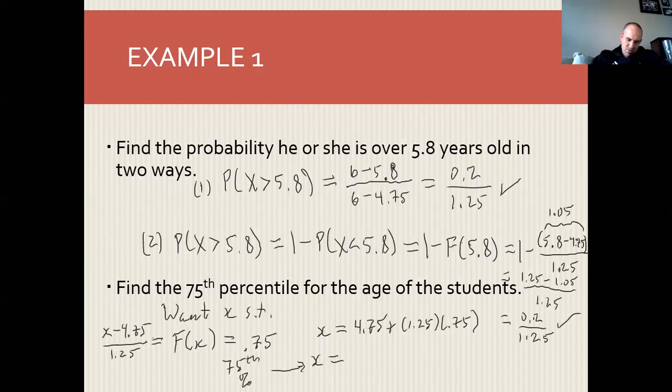So what is this X? Let's calculate it. It's 4.75 plus 1.25 times 0.75. I get 5.6875. So the age would have to be 5.6875.